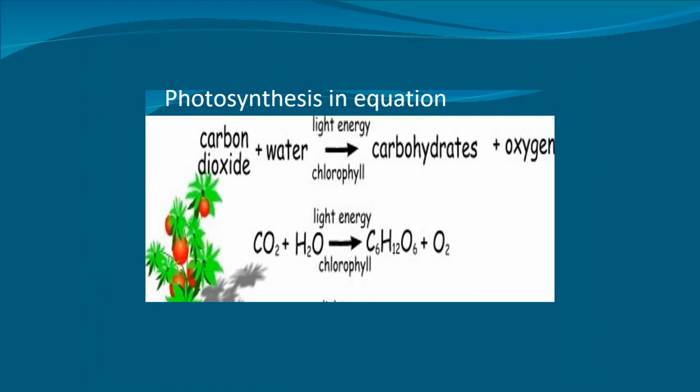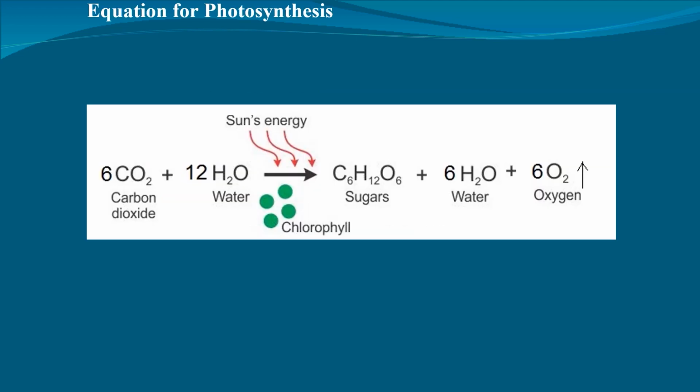If we try to look at this process in equation form, then we can see, as depicted in the slide, carbon dioxide plus water in the presence of light energy and chlorophyll gives carbohydrates plus oxygen, or CO2 plus H2O in presence of light energy and chlorophyll gives C6H12O6, which is your glucose, plus O2, which is oxygen.